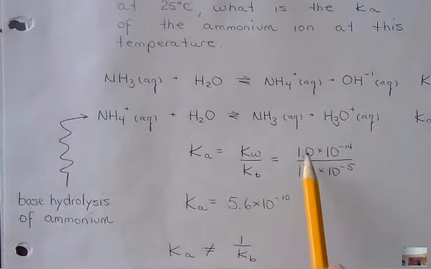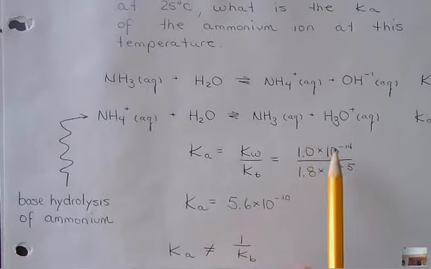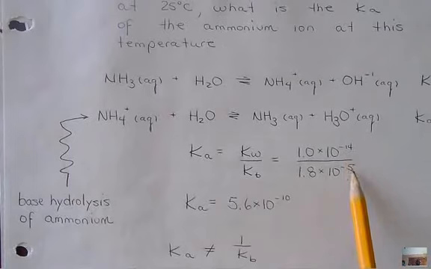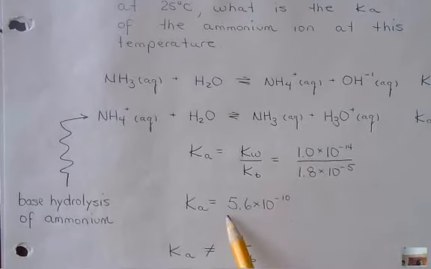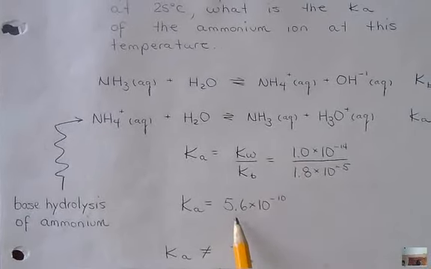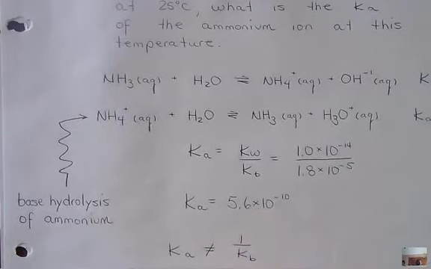The other way you can do it is just take 1 divided by 1.8, get that answer, and then take 10 to the minus 14th divided by 10 to the minus 5, and that one you could do in your head, that would be equal to minus 9. And then 1 divided by 1.8 is going to come out to 0.556 times 10 to the minus 9th, which would be 5.6 times 10 to the minus 10th.